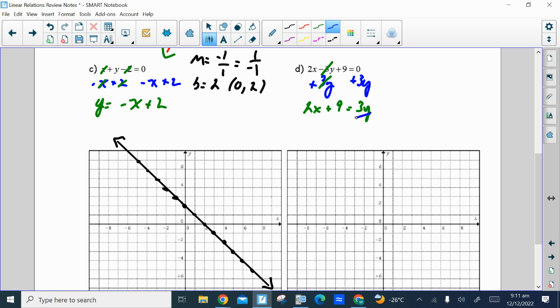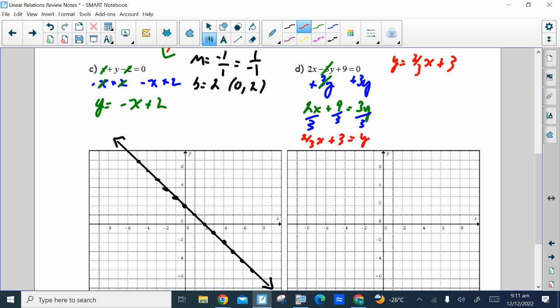Then, to get y by itself, we would divide everything by 3. So on the left, you'll have 2 over 3 x plus 9 divided by 3, which is 3, equals y, or y equals 2 over 3 x plus 3.